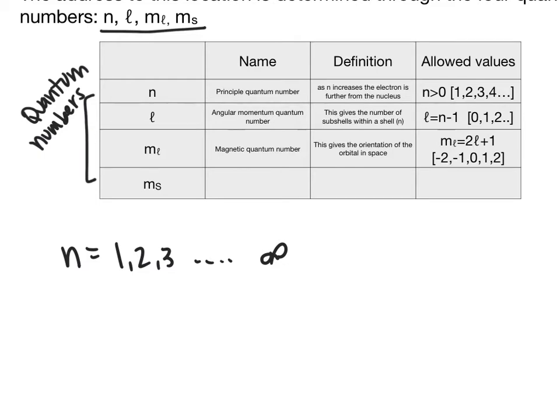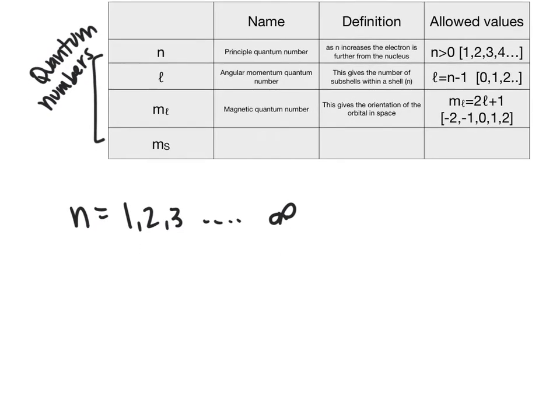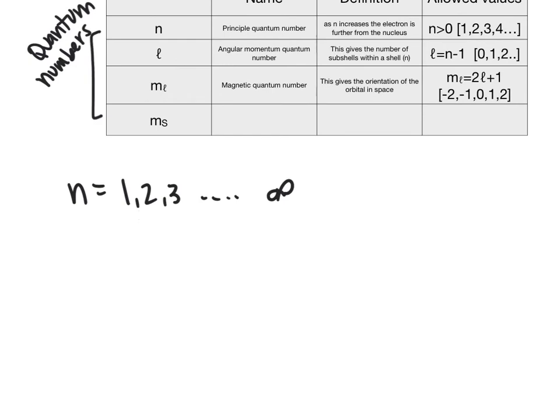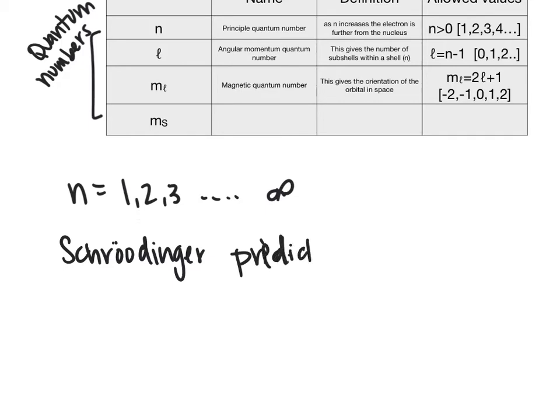This allows him to describe orbitals, so Schrödinger is the first one to predict orbitals. These orbitals show the locations or the distance from the nucleus. Where is the probability of finding an electron?